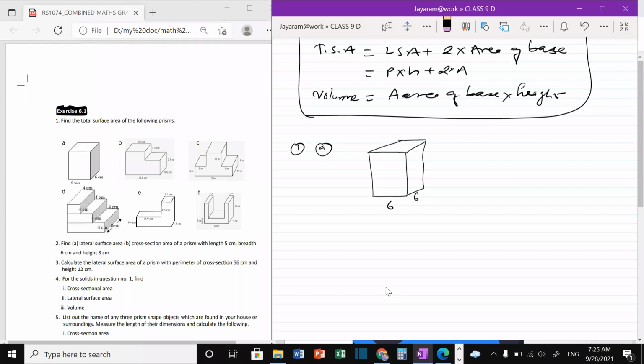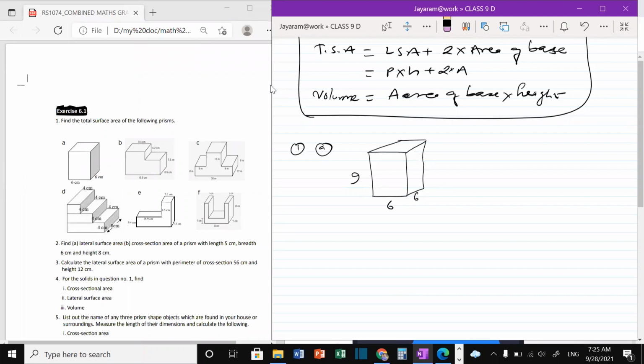And what is this? Height is not given. It must give some height also. What may be the height? Just guess and let's write it. Is there a height here? 9 centimeter. Oh, there is 9 centimeter. Thank you very much.